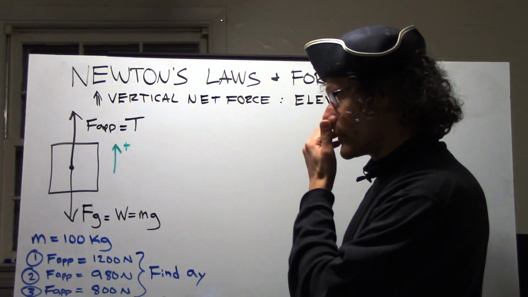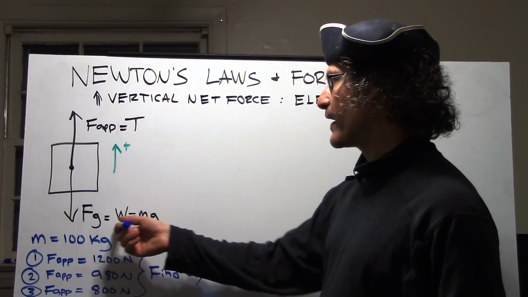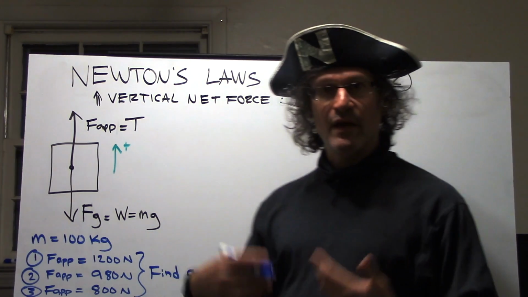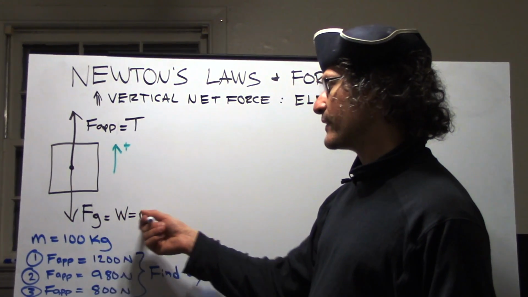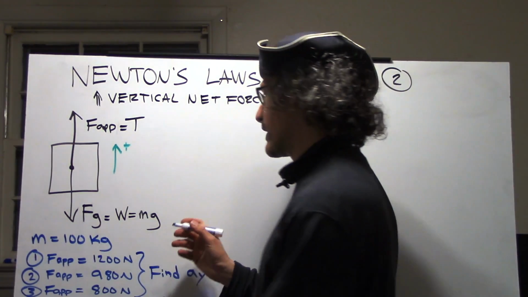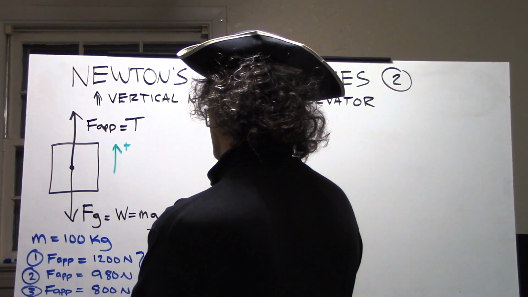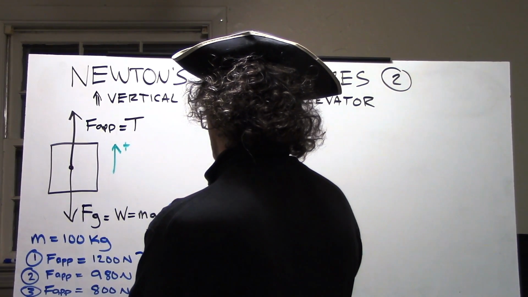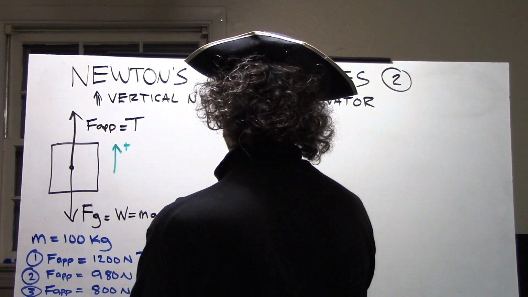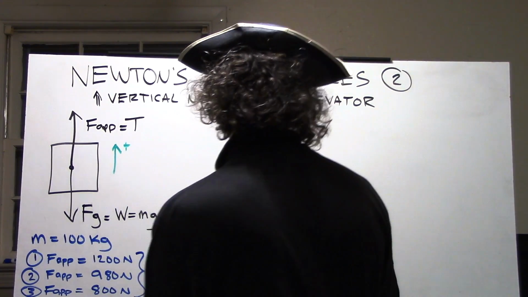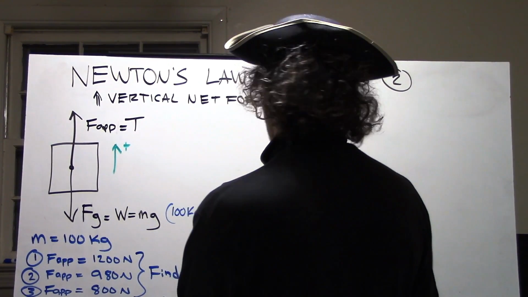All right. So let's think of this for a moment. Let's just calculate Fg, because that's going to be the same. It's the weight of the object, and so the weight of the elevator is the mass of the elevator times the acceleration of gravity. So what we have here is 100 kilograms times negative 9.8 meters per second squared, because that's the negative direction, and we get negative 980 newtons.